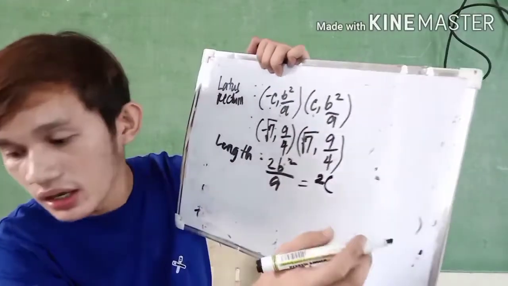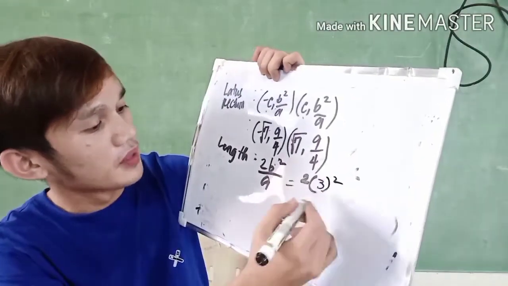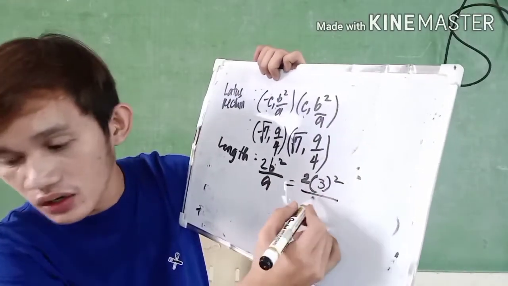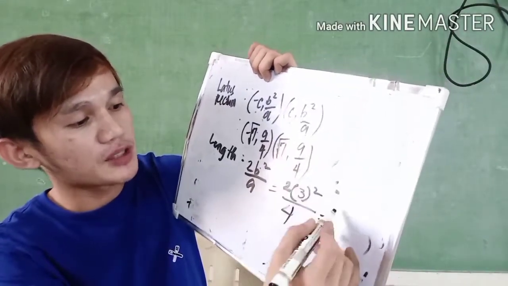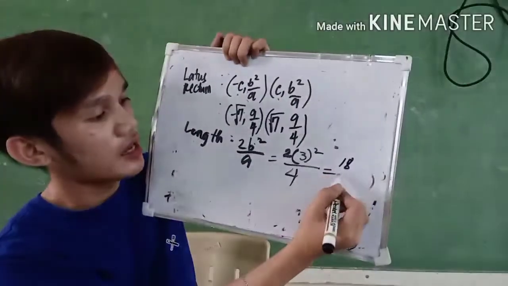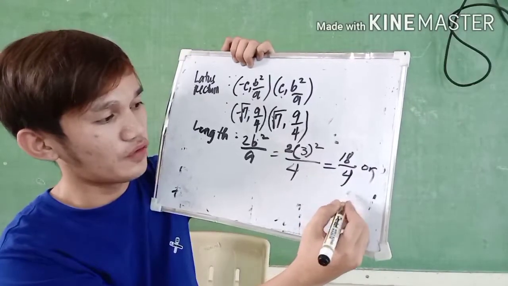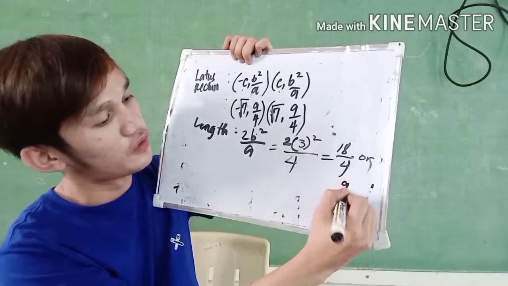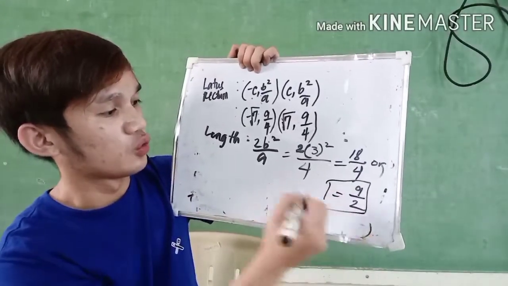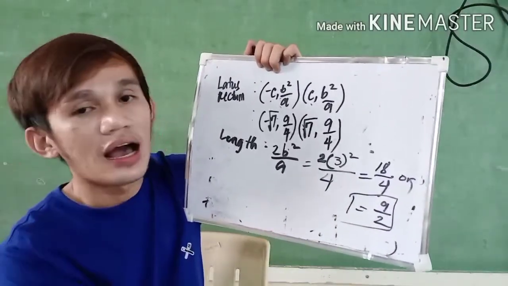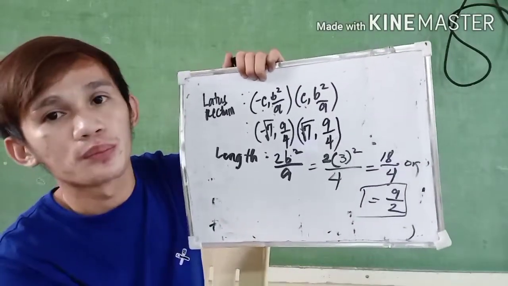Your b here is 3 square, over your a, which is 4. So this will be 3 square is 9 times 2 is 18, 18 over 4 or 9 over 2. Tama? So the length of your latus rectum is 9 over 2. And that is how you are going to get the length of your latus rectum.